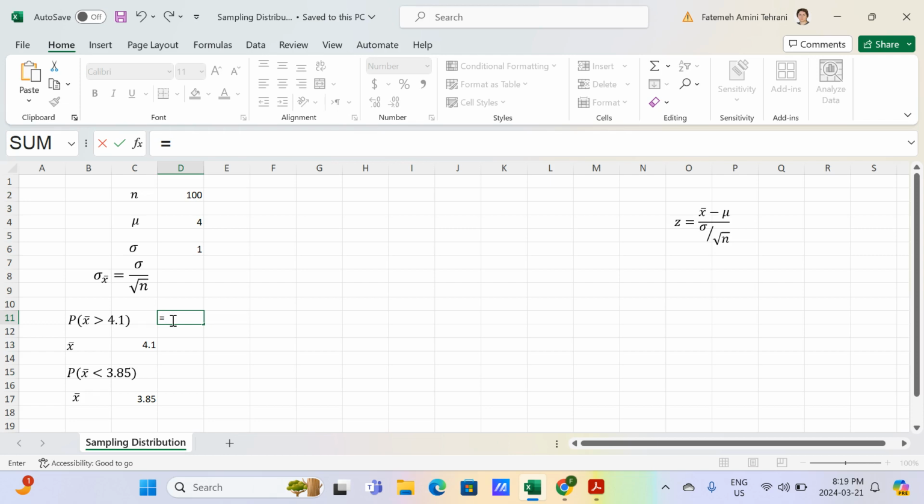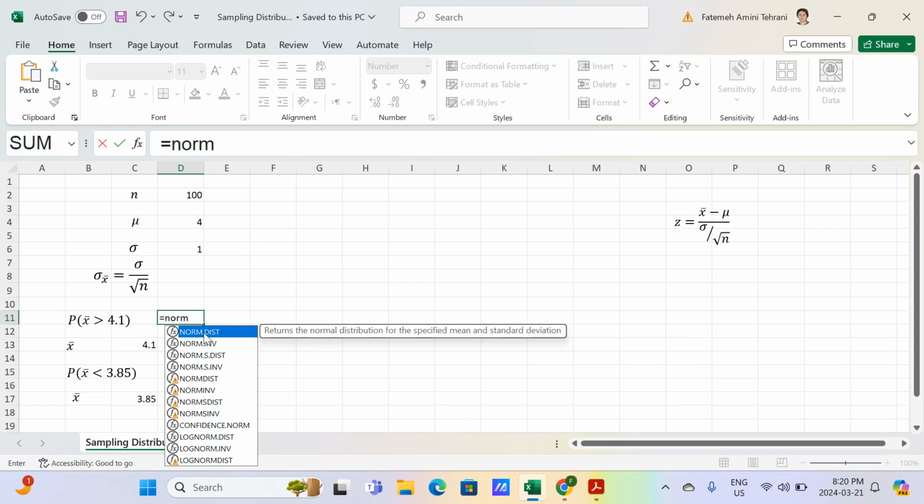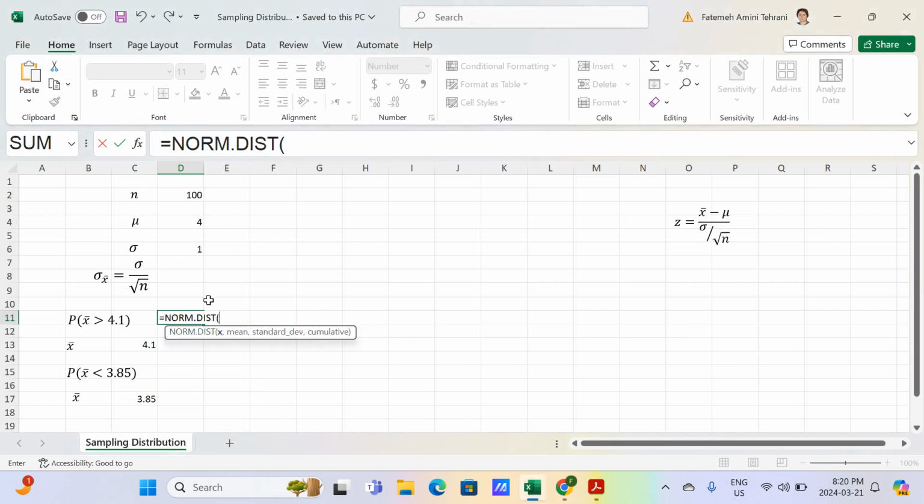So I'm going to write 1 minus norm distribution, okay? Because if I use the norm distribution function to find the probability, it returns the area on the left side of x bar, but I need the area on the right side. So in this case, I need to write 1 minus. Then here, x bar is 4.1.